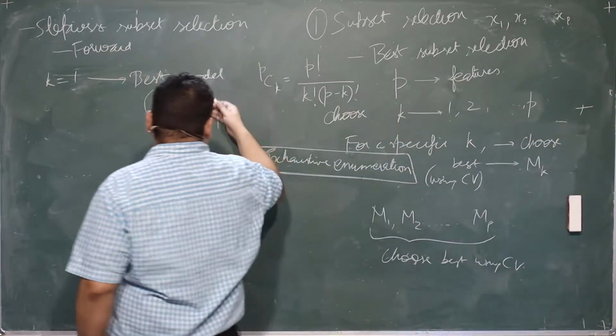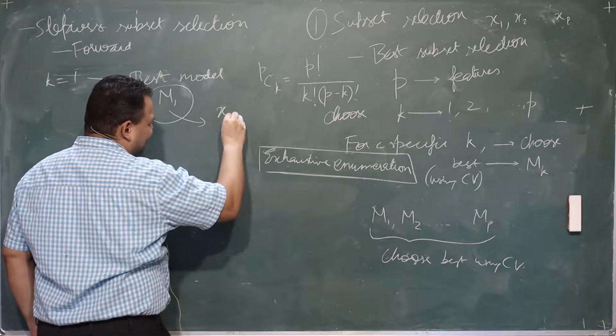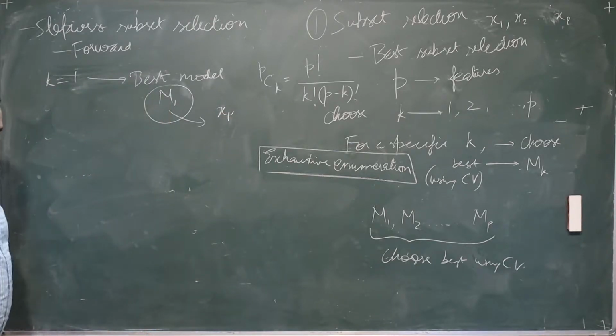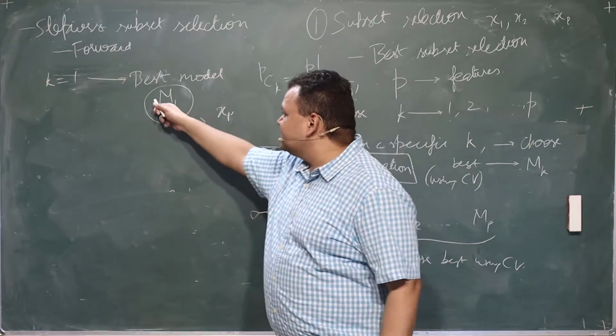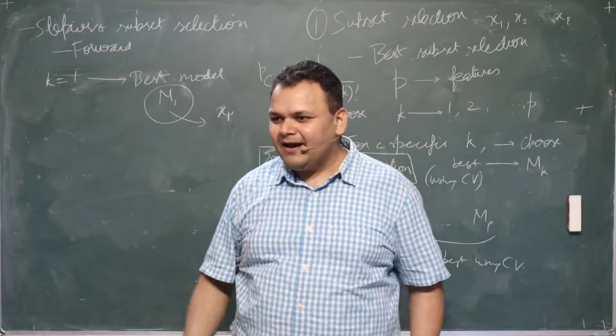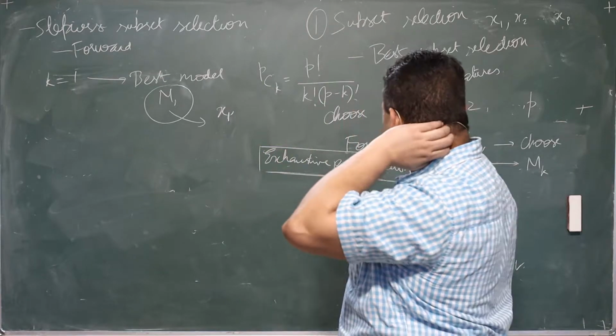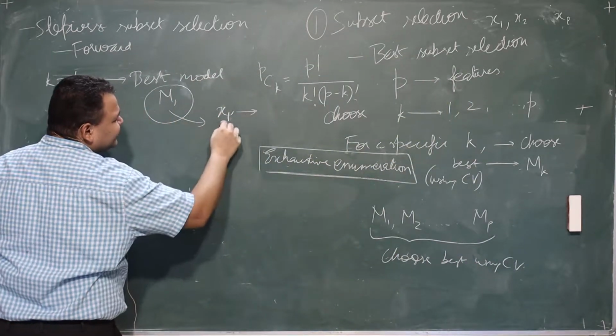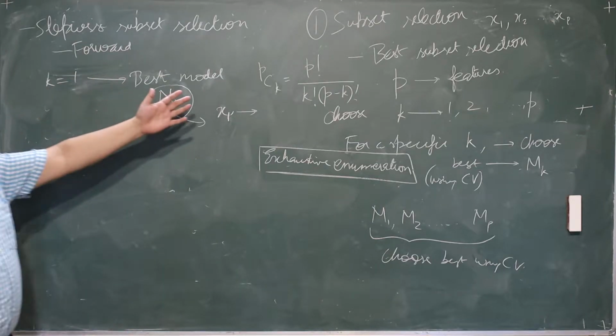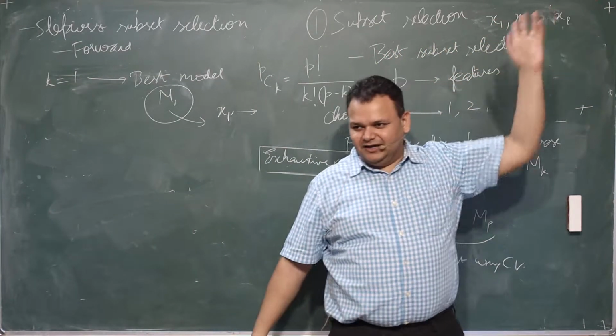Let me call this feature X1 prime. What is X1 prime? X1 prime corresponds to the feature which gives you the best model. Okay, is that all right? So we have chosen one feature X1 prime, which may be any of these x1, x2, and so on.